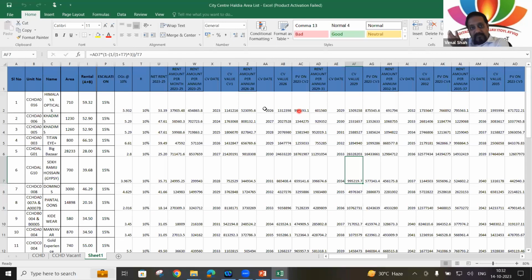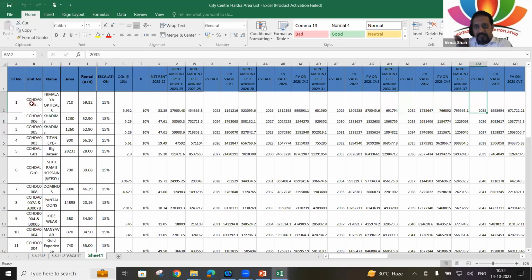Now it was for 50 years. So for one shop, say rent from 2023 to 2025, then 2026 to 28, 29 to 31, 32 to 34, and so on for 50 years.